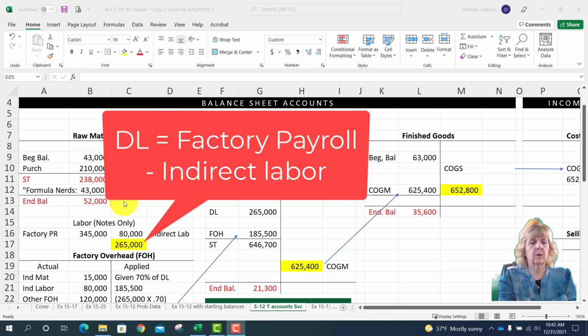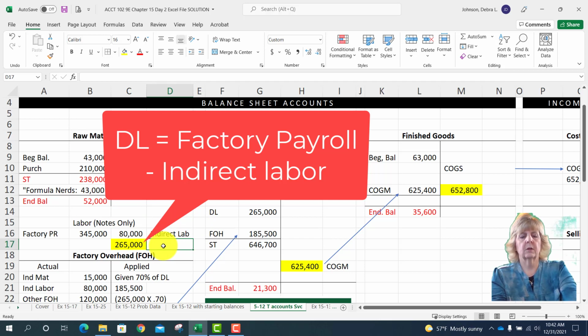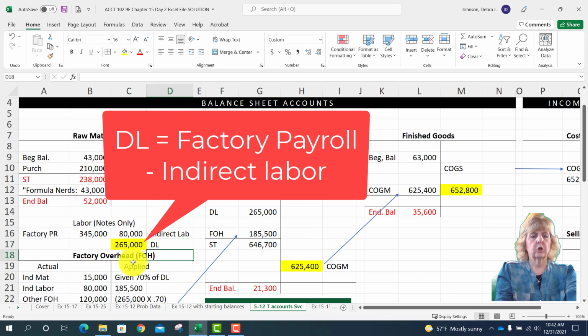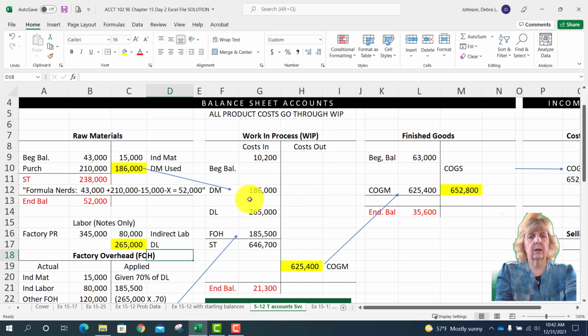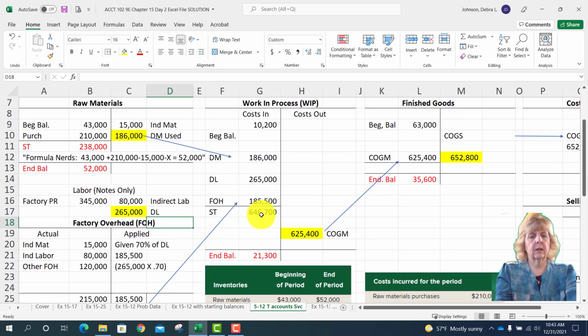But the main thing that we're after here is how much was direct labor. Well, the difference between the total payroll, subtracting out the indirect labor, gave us $265,000 of direct labor. Direct labor is charged to WIP, so that's how we got the debit to our WIP account of $265,000. Finally, that brought us to the overhead account.